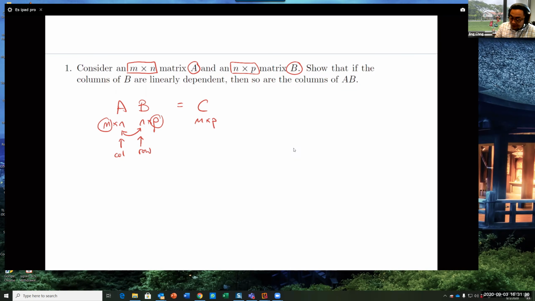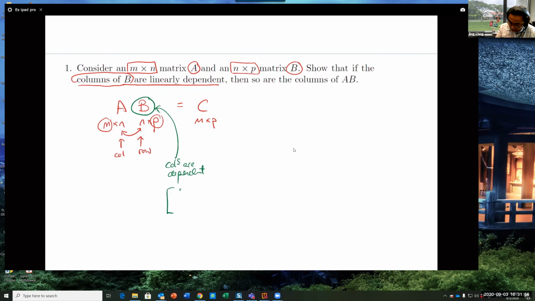And then the question begins. The question says that we know that B's columns are linearly dependent. Basically, he's saying that these columns are dependent. And what does dependent mean? Well, let's have a very simple example.